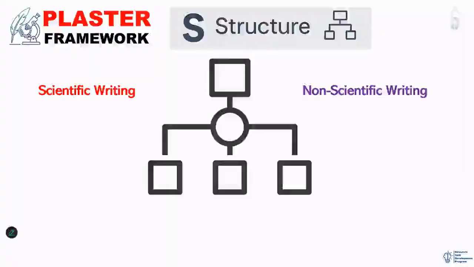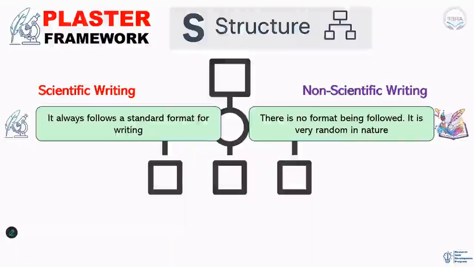Then next comes our structure. The fourth component of the PLASTER framework is the structure. And science and scientific writing or any scientific work is always based on certain structure. So when we write, as we'll be discussing going further, whether we write as an original research article or we write as a review paper, we must follow a structure.